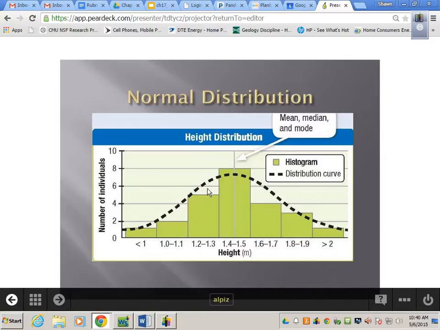A normal distribution will look like this. In this case, we're looking at the height distribution, and we're looking at it in a measurement of meters. So in this case, this must be the pygmy population, because the average is like 1.45, somewhere in there. And you see there are very few very short and very few very tall, but in the middle you have your average height being about 1.5 meters.